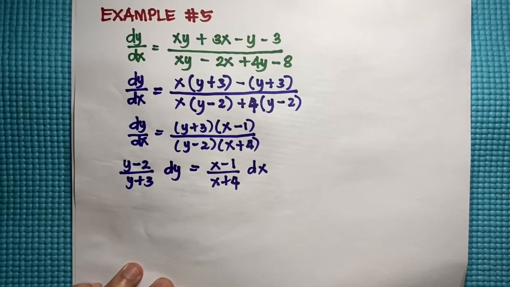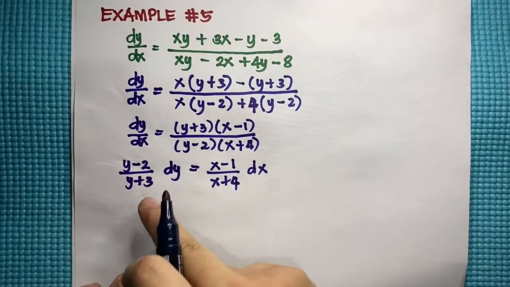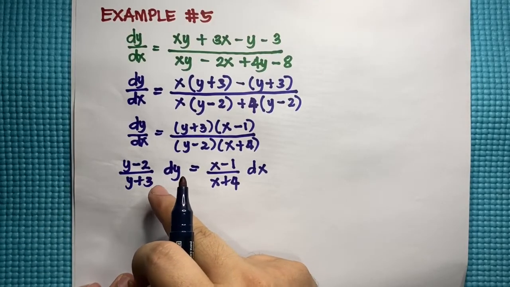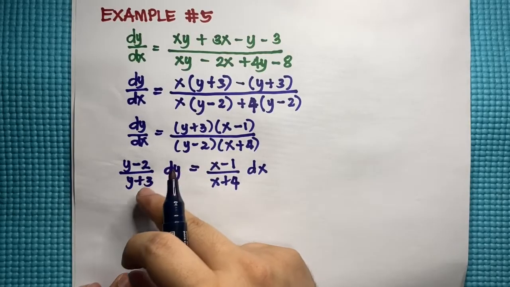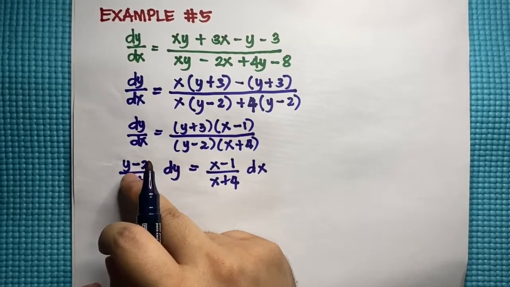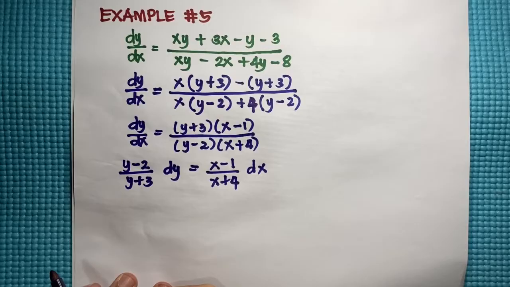Since we were able to separate y from x, how do we integrate? We cannot use the natural logarithm right away, because if we derive y plus 3, that would be dy, but in our case, we have y minus 2 in the numerator.